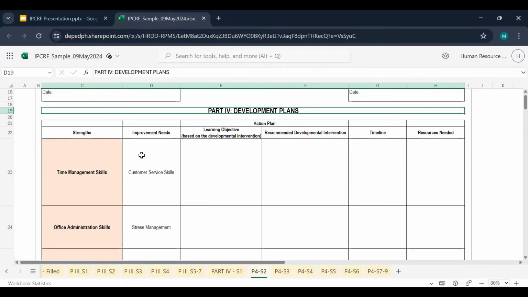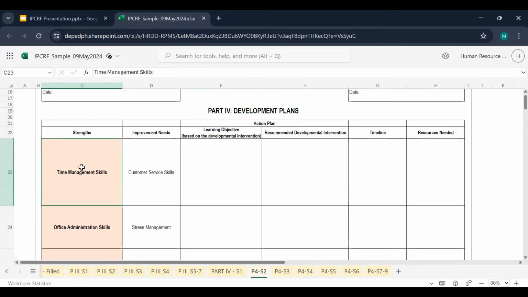It can be mentioned that if the strengths or the best practices of an individual is time management skills, then the individual might propose or might need to improve his customer service skills. That is why the customer service skills is his proposed improvement needs, rather than identified improvement needs.